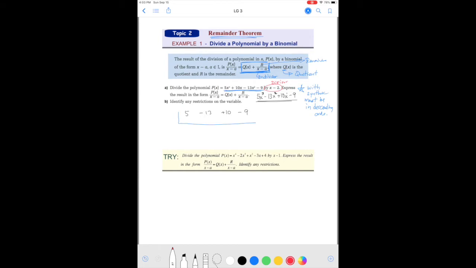We take the opposite, so it's going to be a 2. Okay, so here we go. Drop, times, add, times, add, times, and remainder.